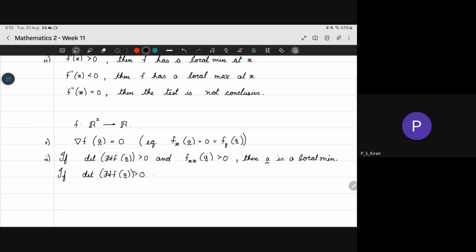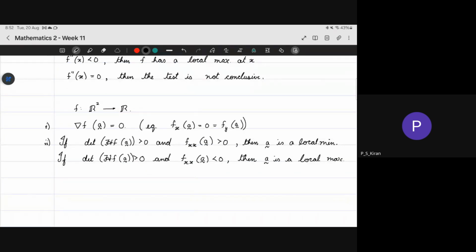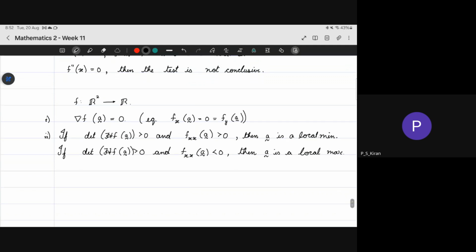The second condition is, if you have this, then this is the local maximum. These are both cases when the determinant of the Hessian is greater than 0.